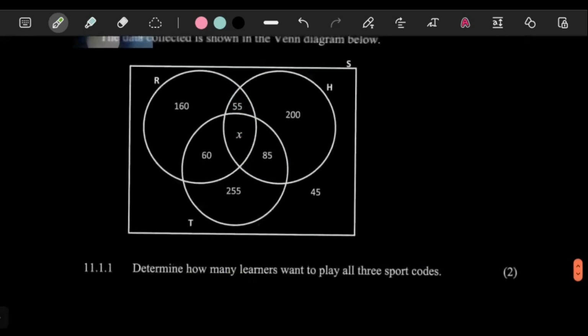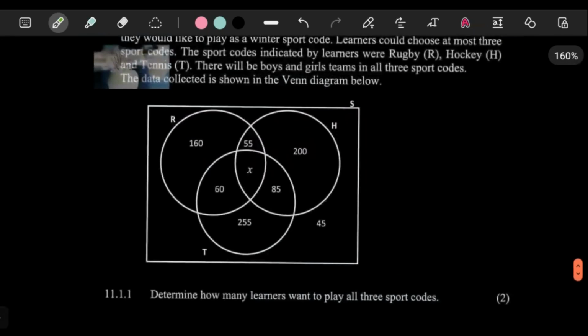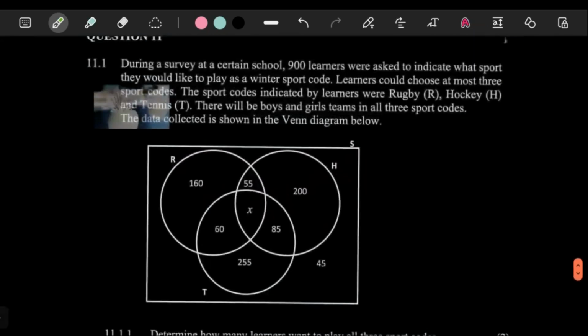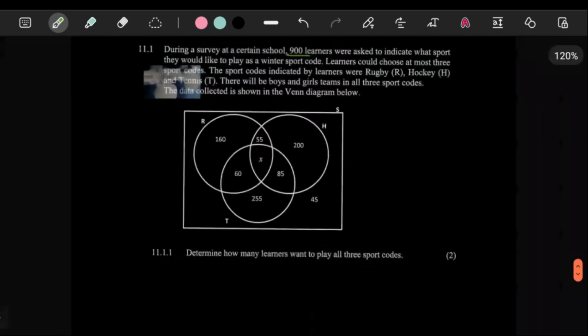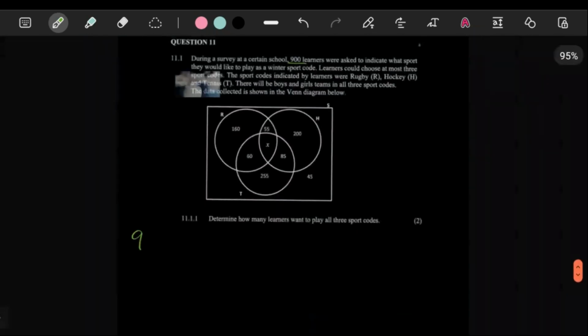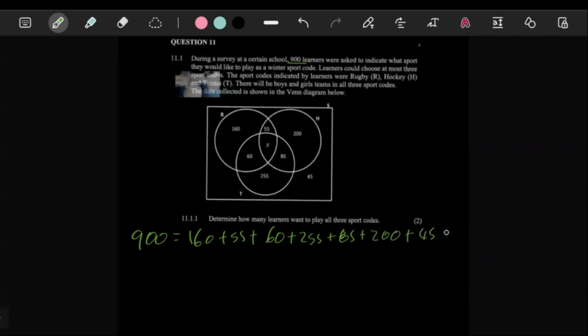Then it says, determine how many learners want to play all 3 sports. So you have to solve for x. It's a total of 900 learners, so we have to add up all the numbers and make them equal to 900. So 900 is equal to 160 plus 55 plus 60 plus 255 plus 85 plus 200 plus 45 plus x.